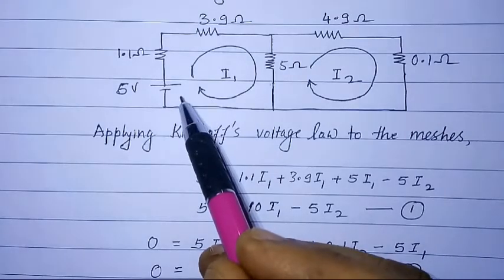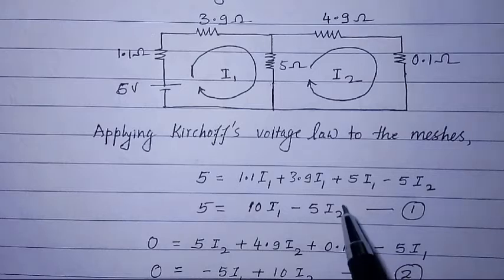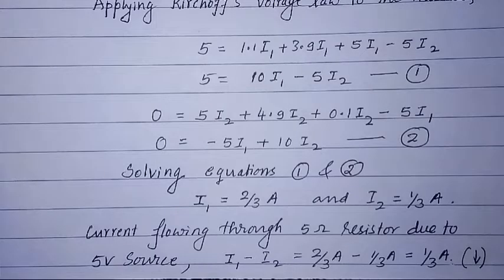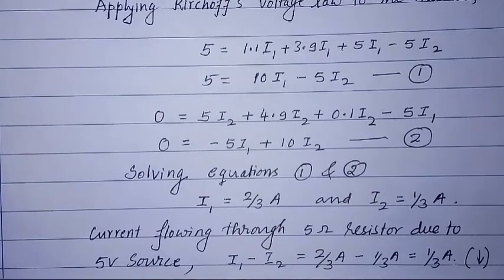5 volt source considered, two equations are written, and these two equations are solved to get current through 5 ohm resistor due to 5 volt source, and that current is 1 by 3 amperes. Similarly, we considered 10 volt source, again wrote two equations and solved for current through 5 ohm resistor due to 10 volt source.